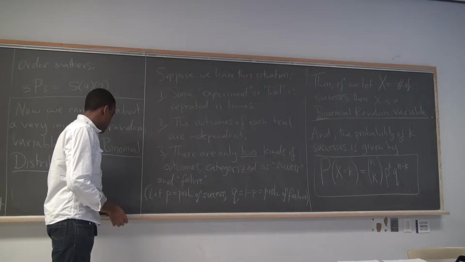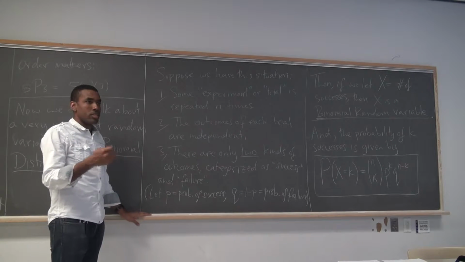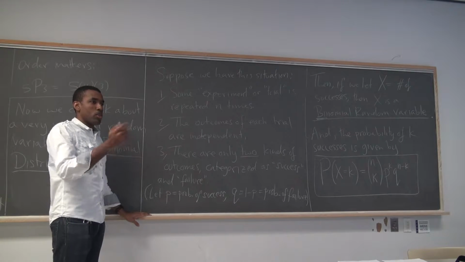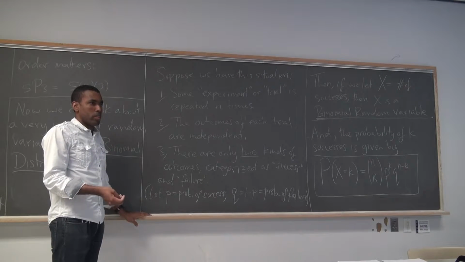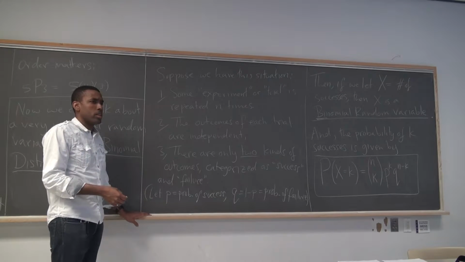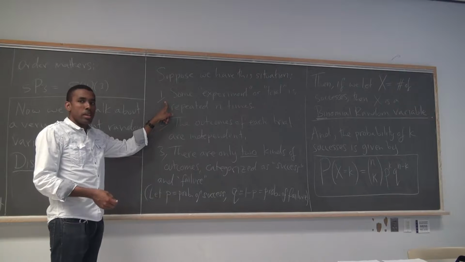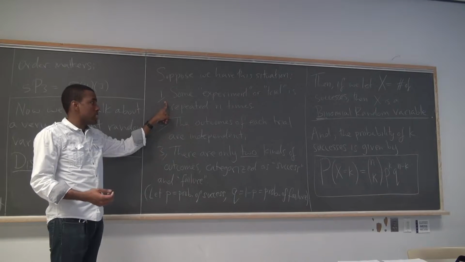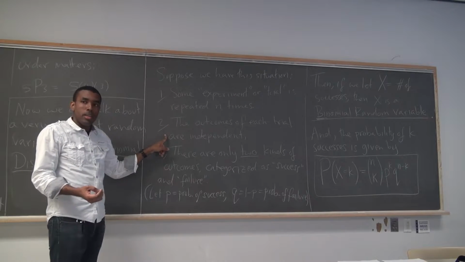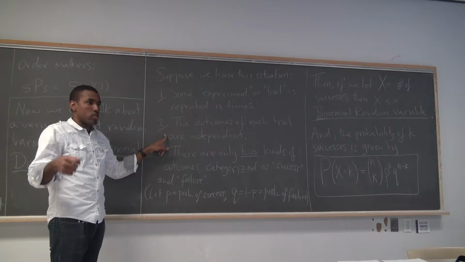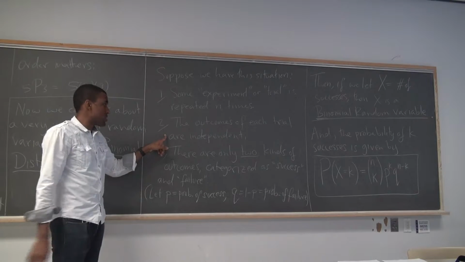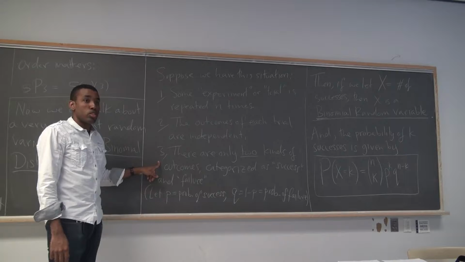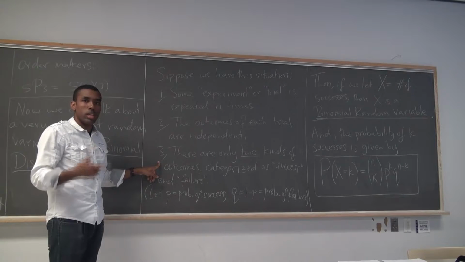So we've done situations where we flip coins. Let's say you're flipping a coin a certain number of times. You flip a fair coin 3 times. That's an experiment. You're doing the same thing 3 times, n is 3. Each outcome is independent in that case. The result of one coin flip has nothing to do with the result of another coin flip. And there are only 2 possible outcomes. You either get heads or tails.